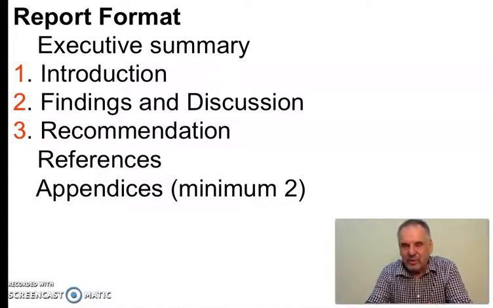So you just have to do this in your report. You have to number some of the sections, and these are the sections that you number. Don't go mad. It's just 1, 2, and 3. You don't need to do 1.1, 1.2, 2.1, 2.2. Just 1, 2, and 3. That's enough.